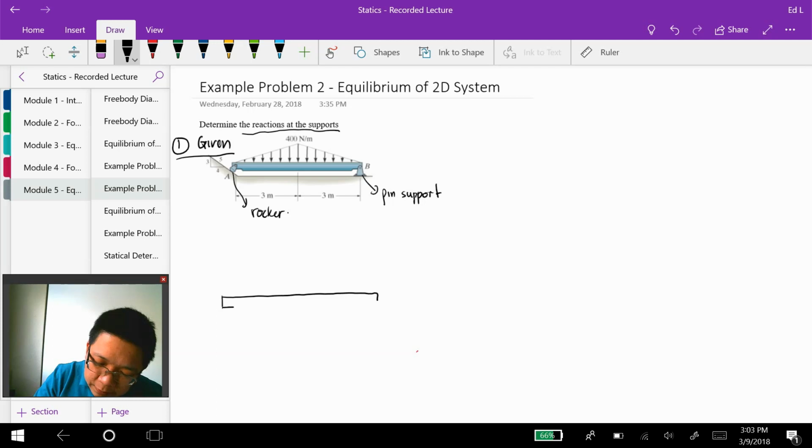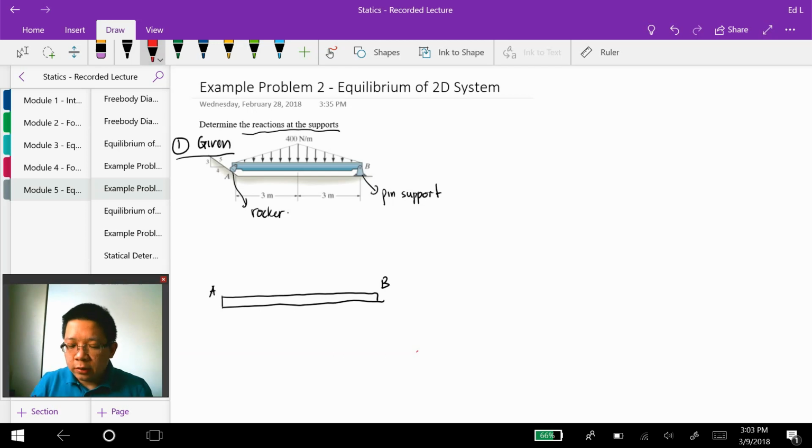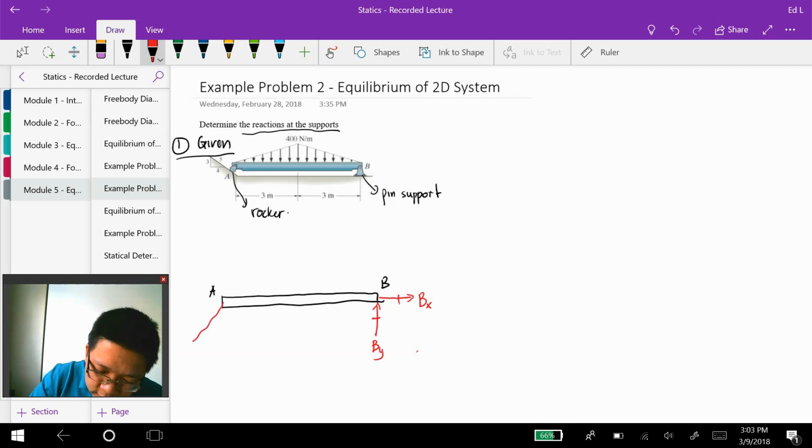This is the beam, this is A, this is B. Since it is a pin support, I will put two reaction forces, By and Bx. Since A is a rocker, I will have one reaction force, and let's call that reaction force A.